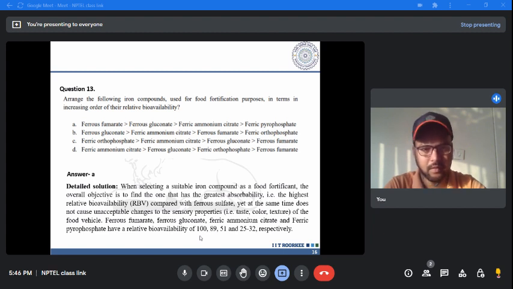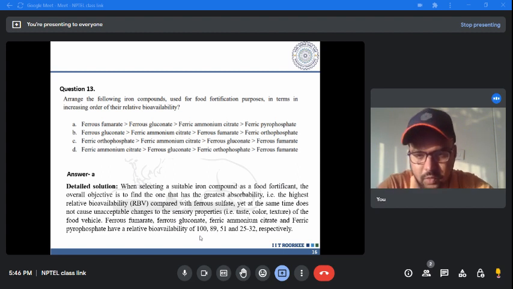They have told us in increasing order, but here the answer is given. Okay, so ferrous fumarate has the higher value. So the answer should be... let me check.